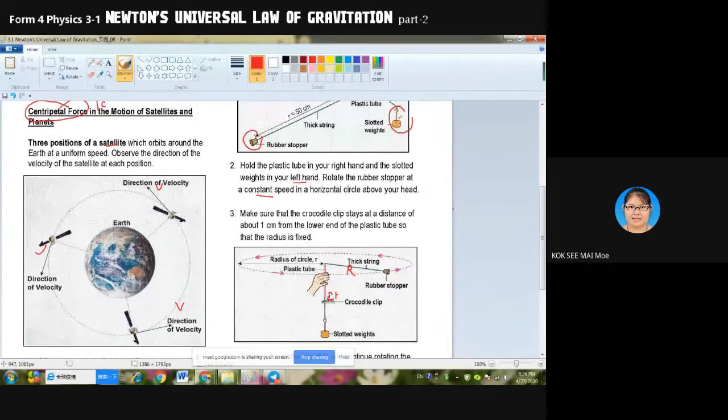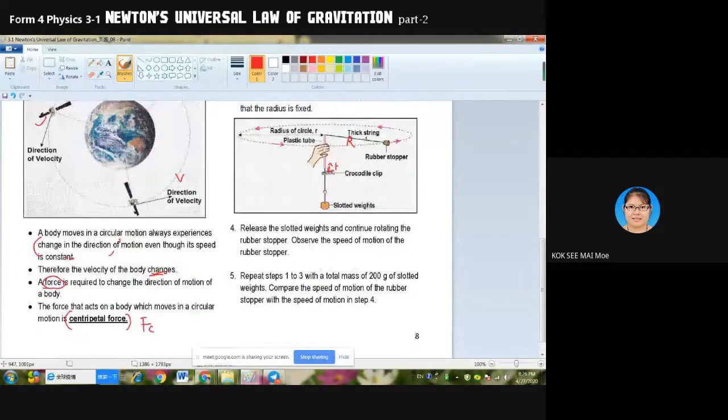Okay, after you rotate, now release the slotted weight. Before that, your left hand was holding the weight. Now you release, and you also hold tight and continue to rotate the rubber stopper. Now they want you to compare: just now before you released, and now that you have released, what's the difference for the string?